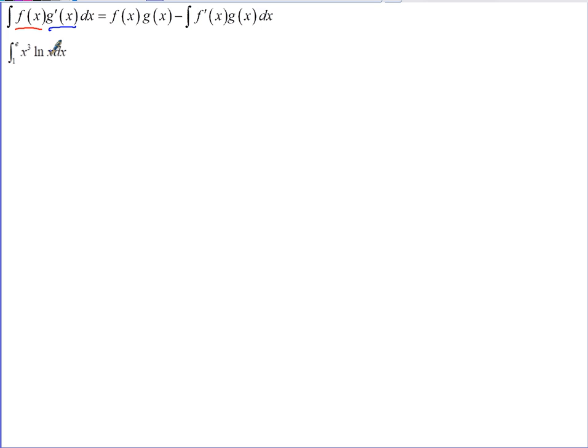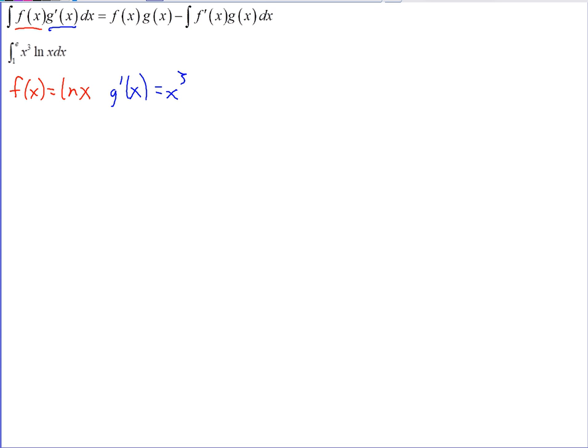So, in this case, it'll be easier to set f of x equal to the natural log of x. Natural log of x kind of determines it here. When you have a natural log in there, it's usually set equal to f of x because it's easy to take the derivative. And then the other part, g prime of x, will be equaling x cubed.